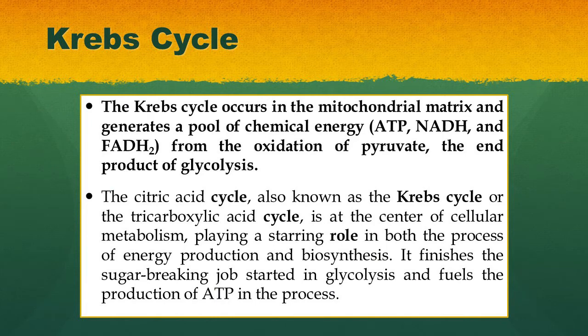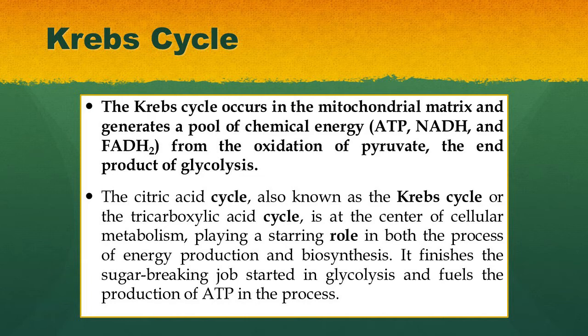Now, let us get to know the second process of cellular respiration called the Krebs cycle. The Krebs cycle occurs in the mitochondrial matrix and generates a pool of chemical energy, ATP, NADH, and FADH2, from the oxidation of pyruvate, the end product of glycolysis.